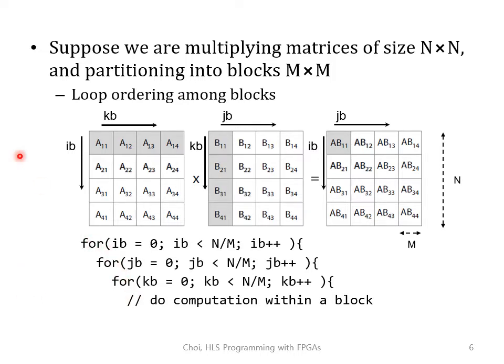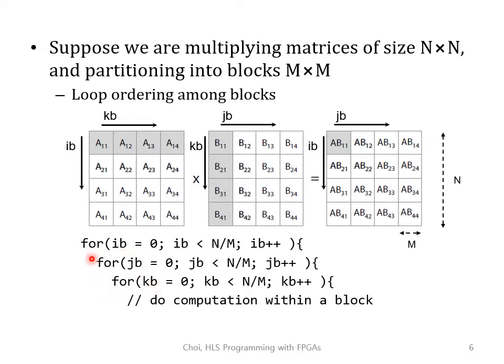Once again, this is a block, not an element, and we're going to multiply this block with this block and add up to AB11, multiply this block and add up to AB11, and so on. We can express this in triple loops, I, J, K block loops.